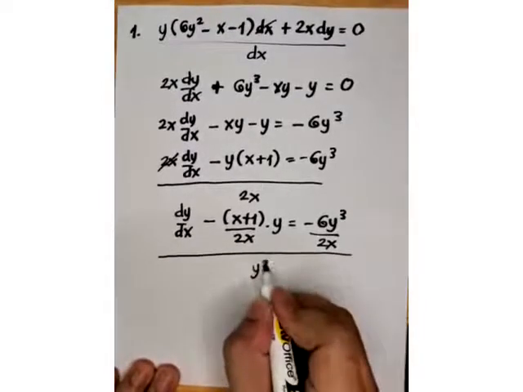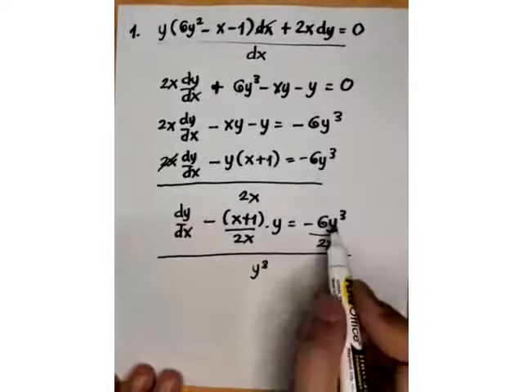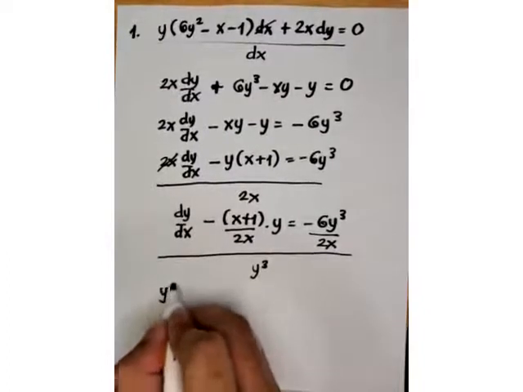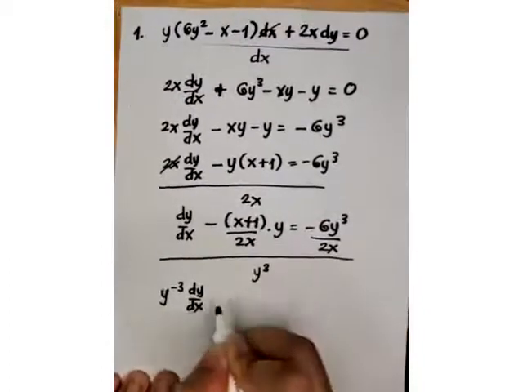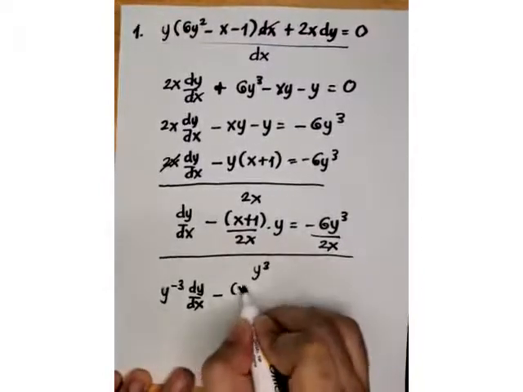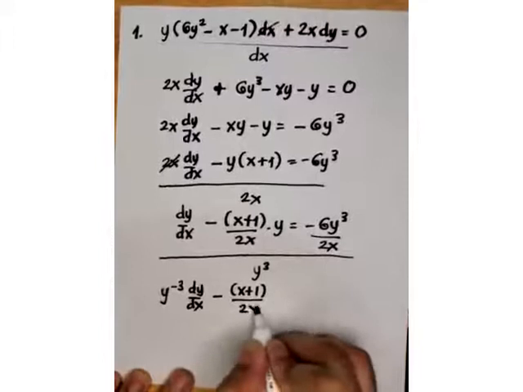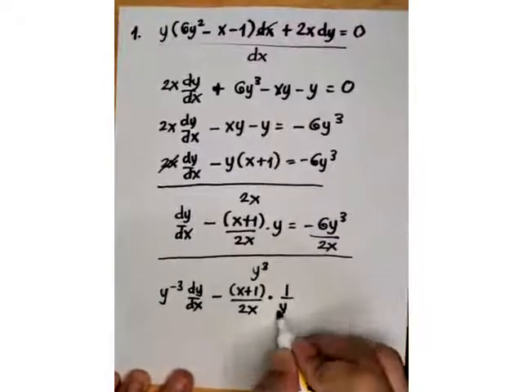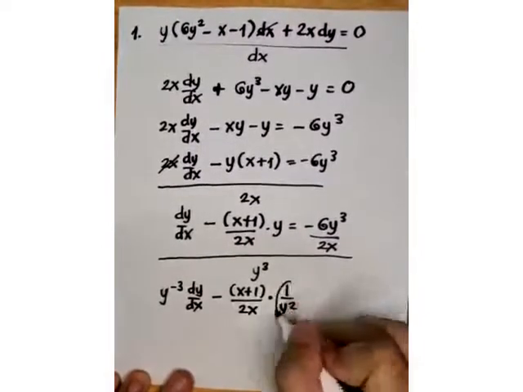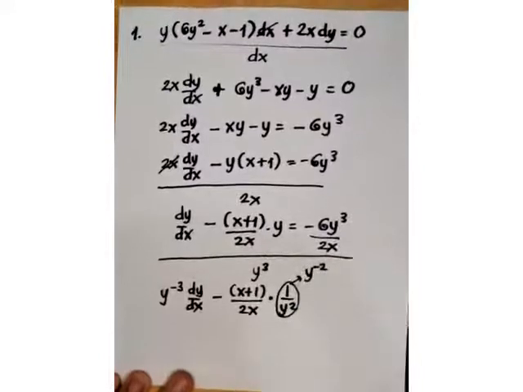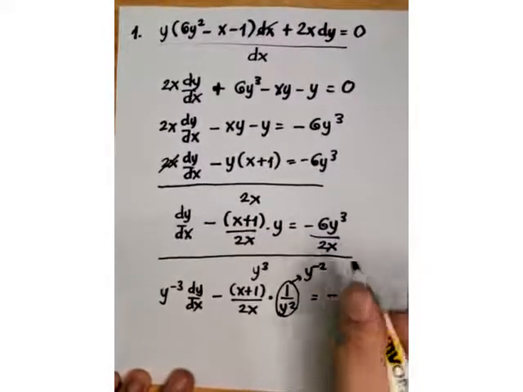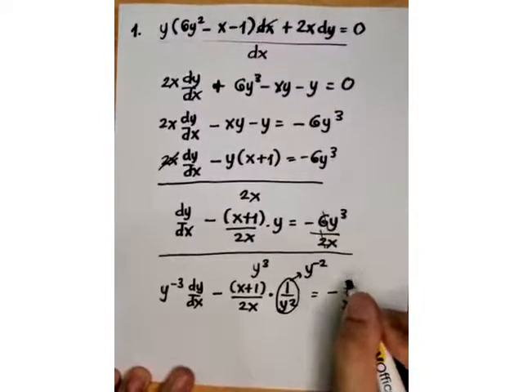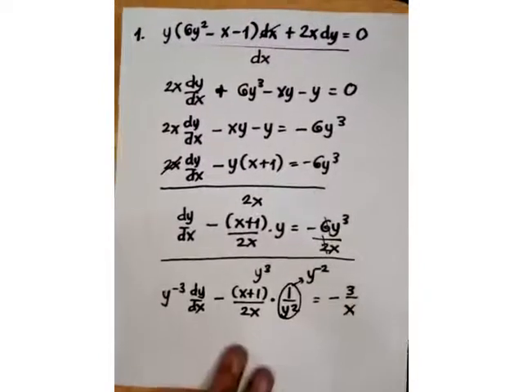Pagka-divide natin, tapos itatas natin siya dito, so magiging siya y raised to negative 3 dy over dx minus x plus 1 over 2x times, so simplify nyo to, magiging 1 over y squared, or this is y raised to negative 2, and that's equal to negative, class, simplify na natin to, 3 over x. Okay, 3 over x.